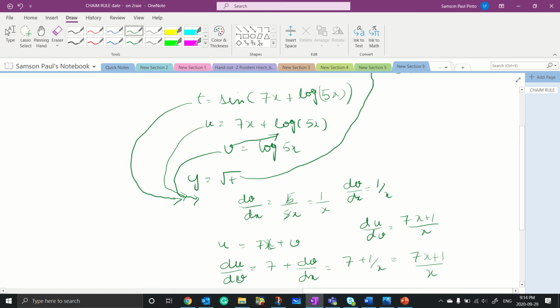Now u in turn goes here. So my next function is t is equal to sine u, and that is nothing but dt by dx is equal to sine, differentiation of sine is cos, so cos u, not x, cos u multiplied by this term.